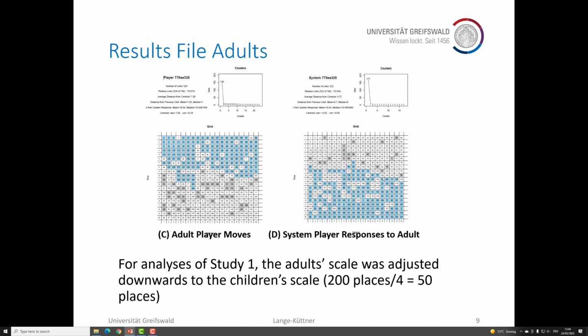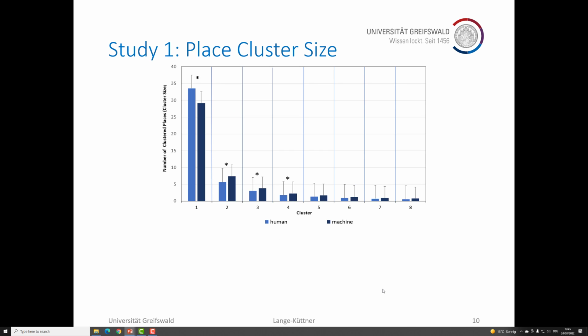And because the adults had 400 places, respectively always 50%, the 200 places were divided by 4, and we adjusted the scale downwards to make it comparable with the children's scale. So this is the result. We find that we've got one large area and several smaller areas.